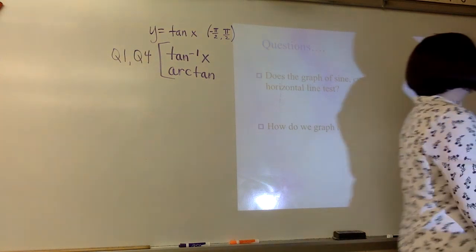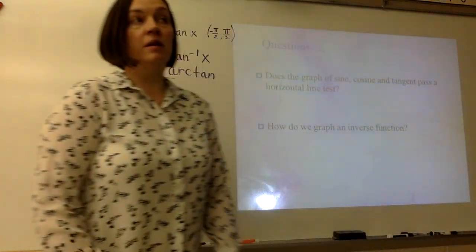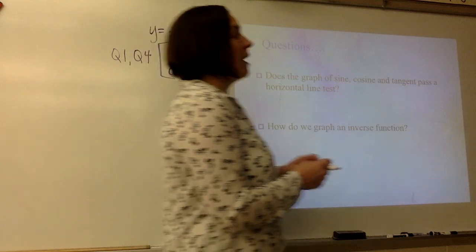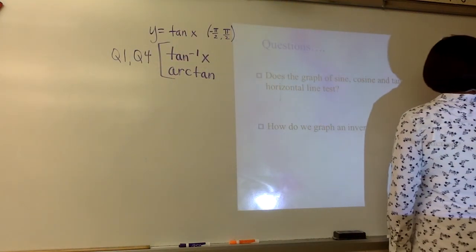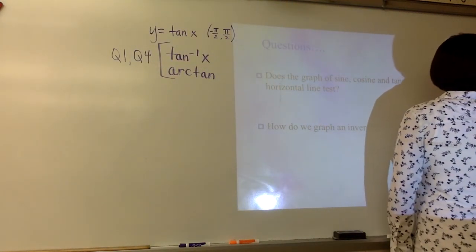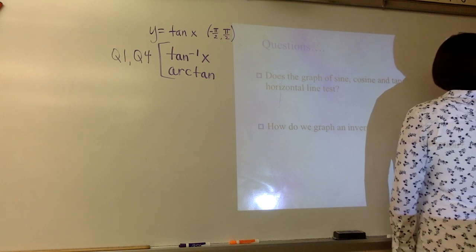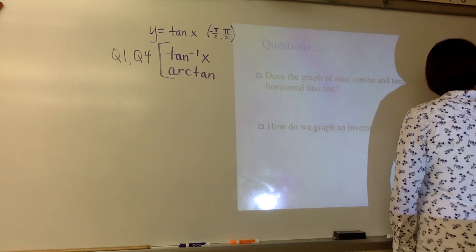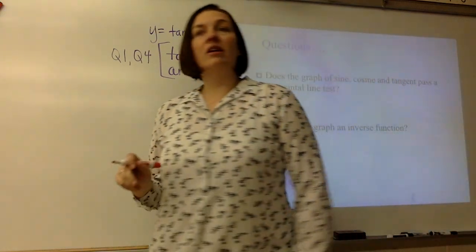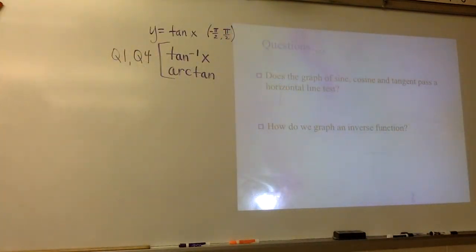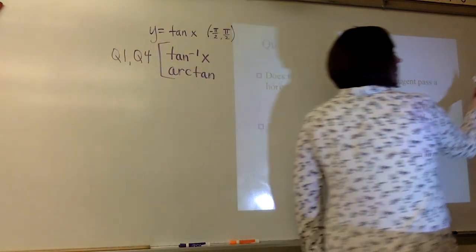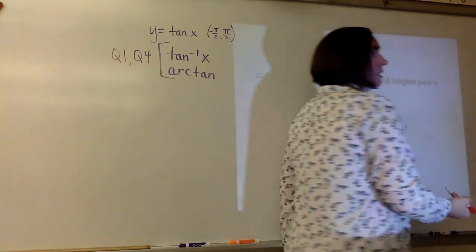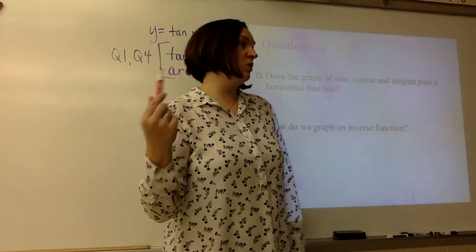Now, the next one we're going to take is sine. Sine, we're going to do something a little wacky with it. We're going to actually go from here to here. We're going to look at the piece of sine that runs from negative pi over 2 to pi over 2. The red section that I just highlighted, negative pi over 2 to pi over 2, does that red section pass the horizontal line test?